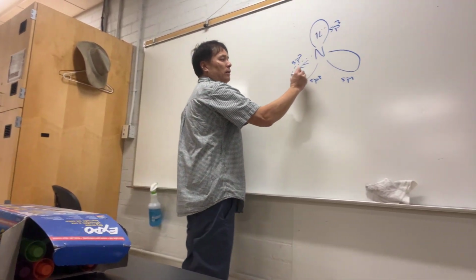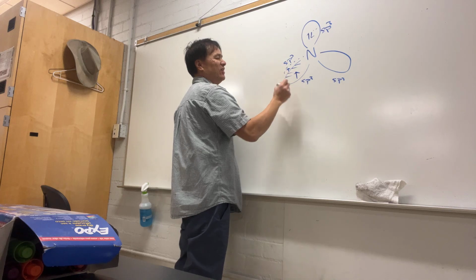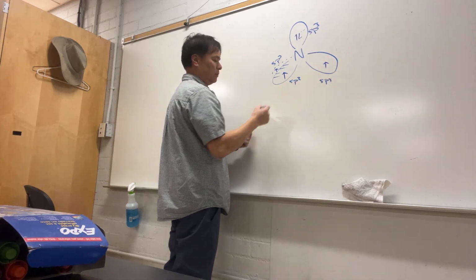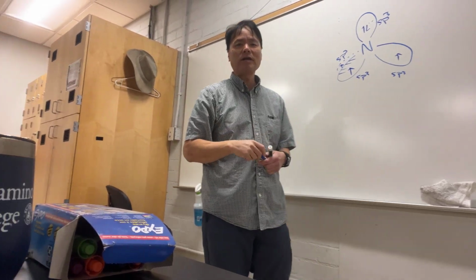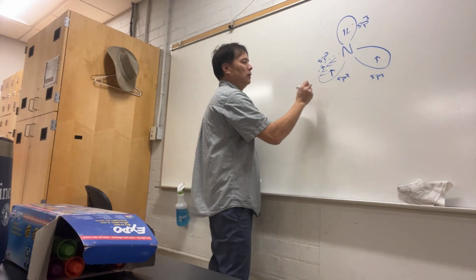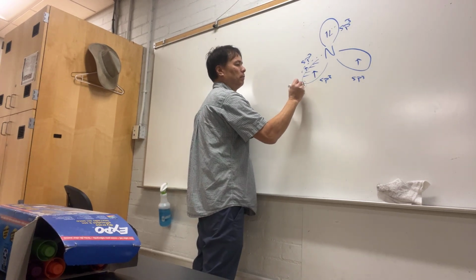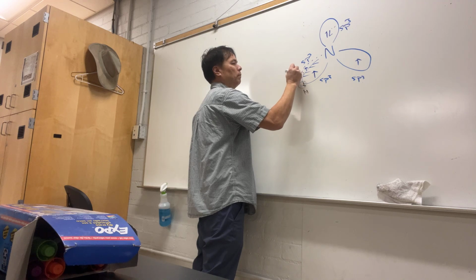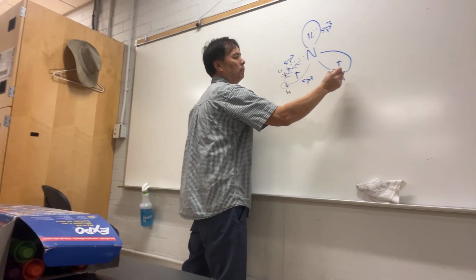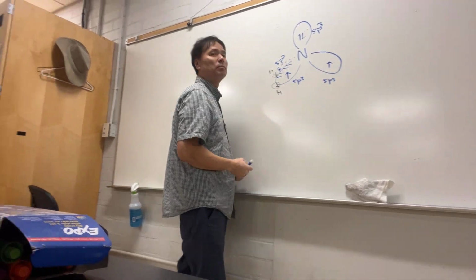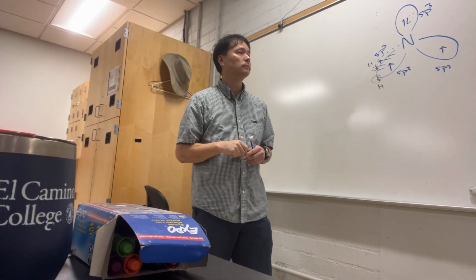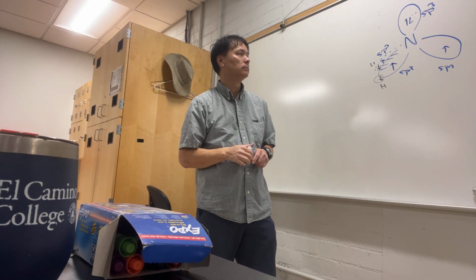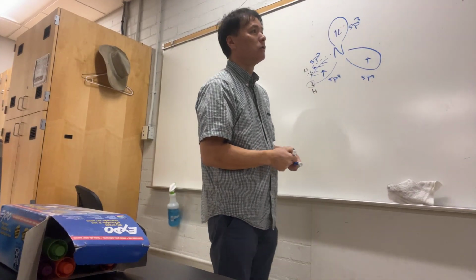And then this one down here, I'm going to put singles. And over here I'll put a single. And then I'll throw a hydrogen in there. And then here I'm going to bond what? A carbon. The carbon's black.